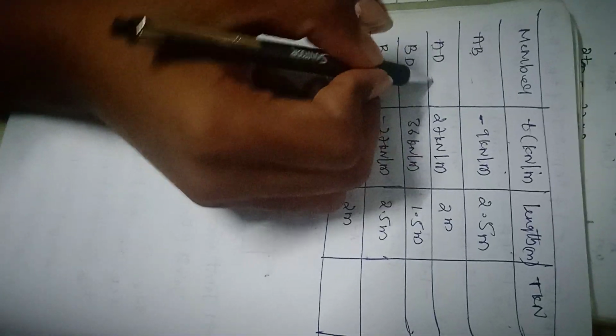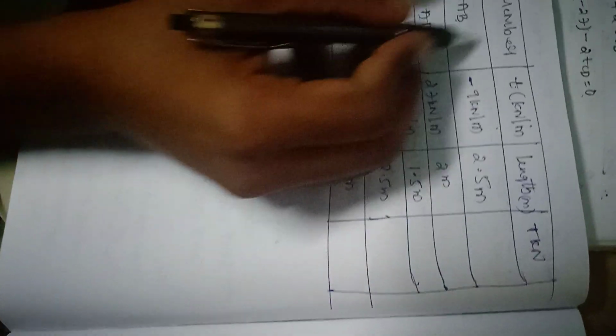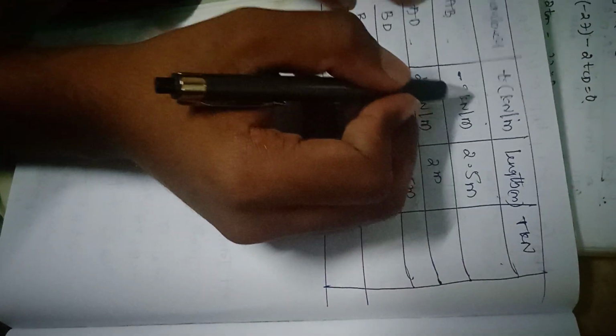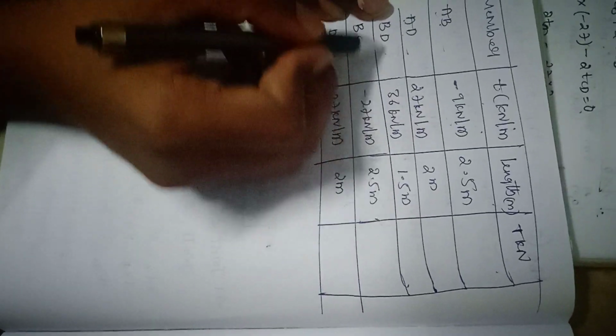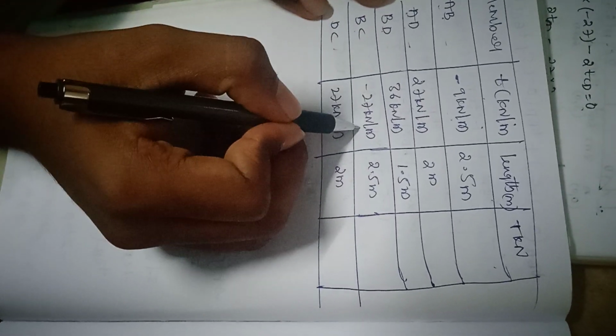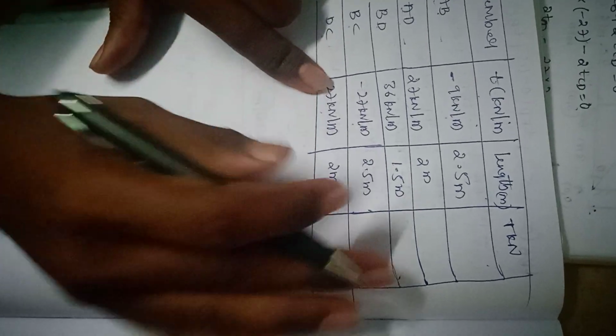The members are AB, AD, BD, BC and CD. The forces we got: AB minus 9, AD 27, BD 36, BC minus 27, DC 27 kilonewtons.